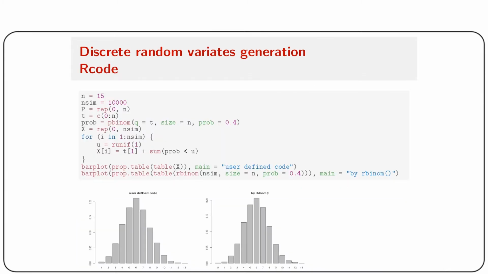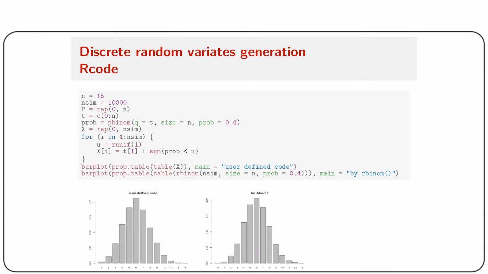If I see in R code, I'll define n equals 15. Suppose n is the first parameter of the binomial distribution, and p is 0.4 as I mentioned, and the number of simulations that I'm going to do is 10,000, and p is replicate 0 n because I'm going to assign the different probabilities. So t is 0 to n, and then probability equals pbinom, q equals t, size equals n, and probability equals 0.4.